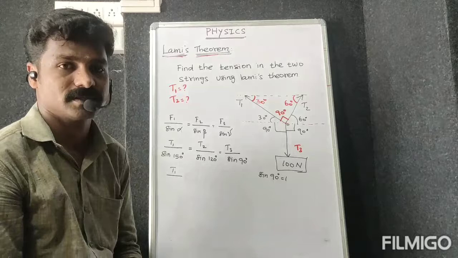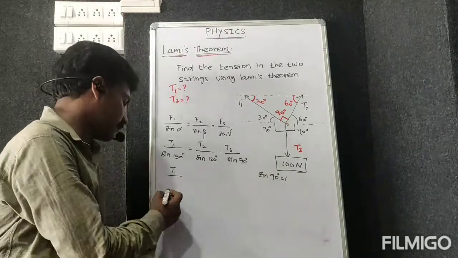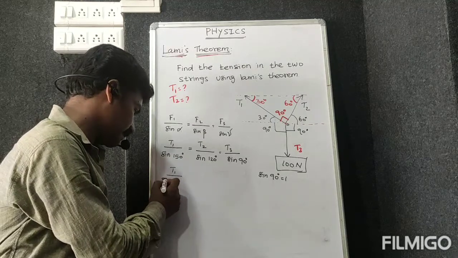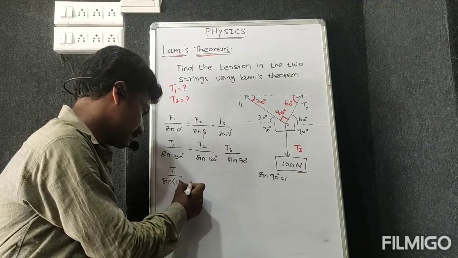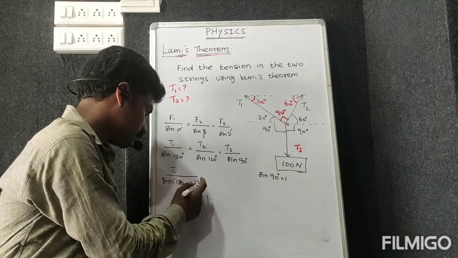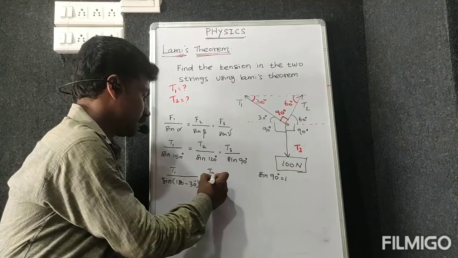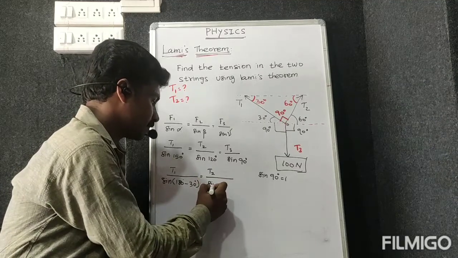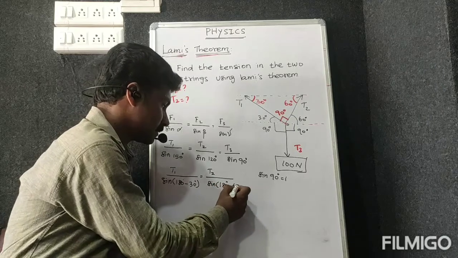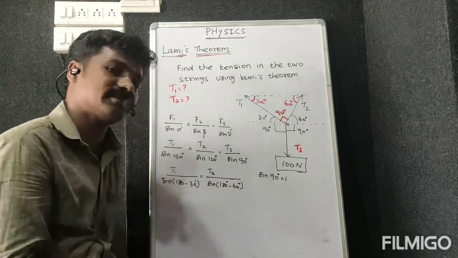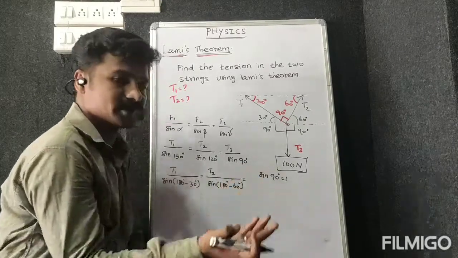I feel sin 150 is difficult, so I can write it in an easier format. Sin 150 I can write as sin of 180 minus 30. 180 minus 30 is 150, same thing. Like that, T2 divided by sin 120 I can write as sin of 180 minus 60, which is 120.